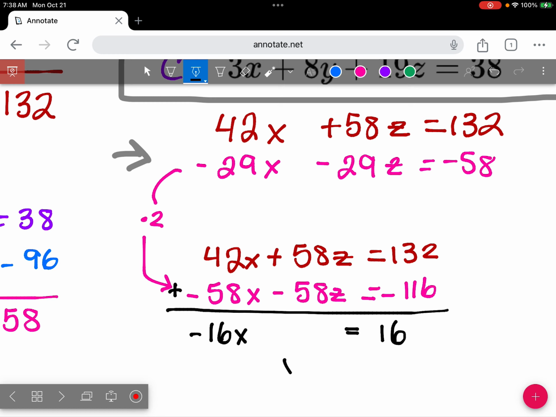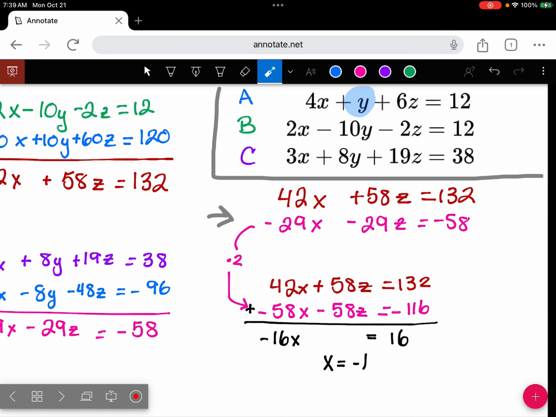So we get x equals negative 1. Whew, we've got an answer. Now we're going to have to go backwards and substitute pieces in to find our y's and our z's.